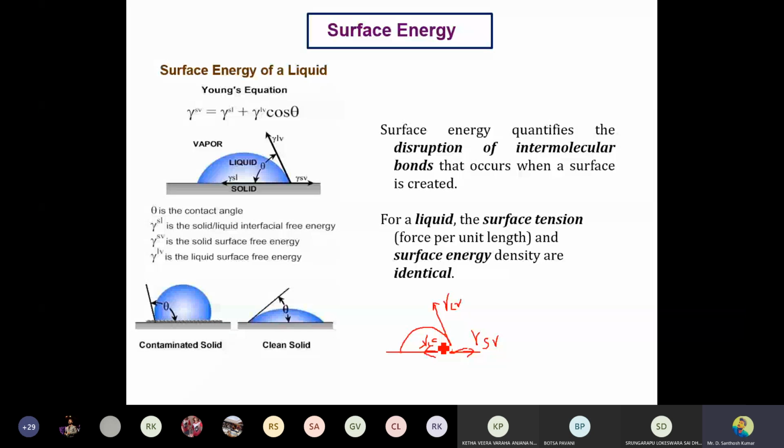These are the three different kinds of forces interacting at this point. This is a good analogy to explain the wetting concept.